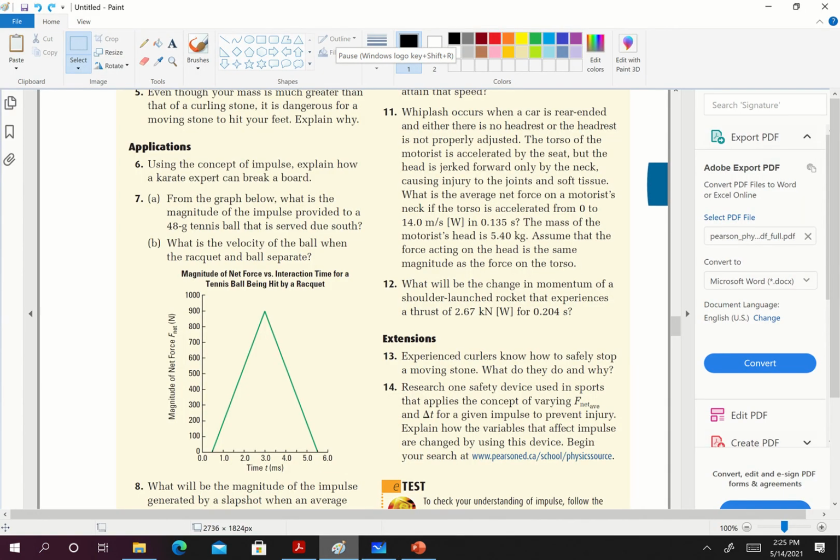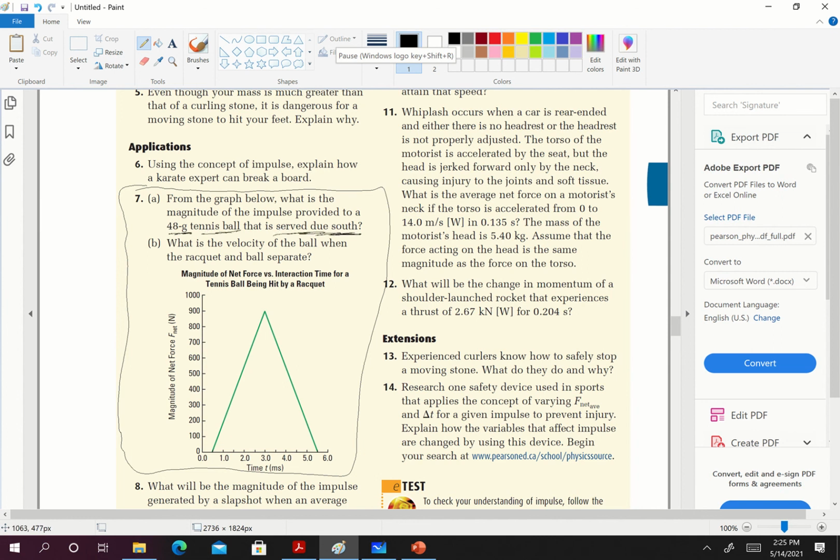So let me consider this example. If I take example number 7: from the graph given below, what is the magnitude of the impulse provided to a 48-gram tennis ball that is served?